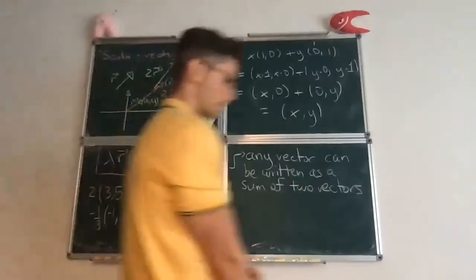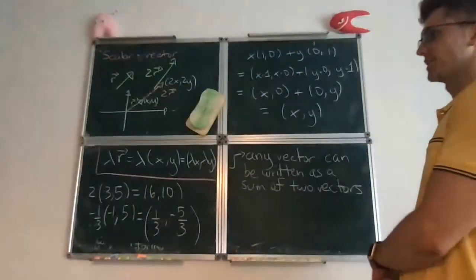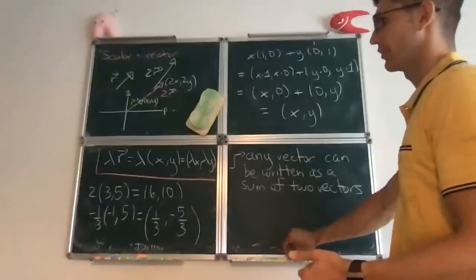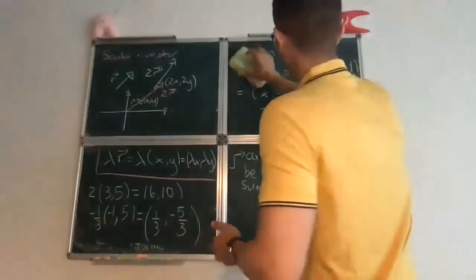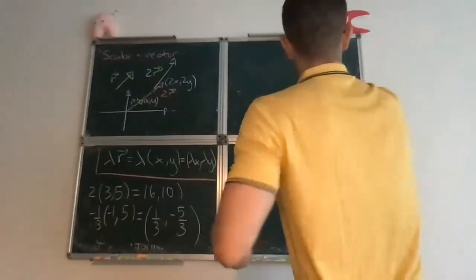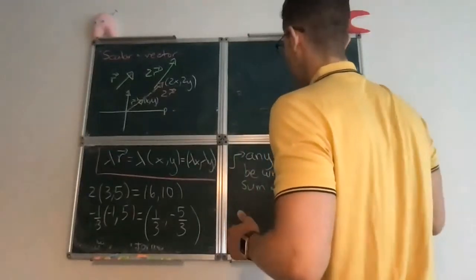So doing the scalar multiplication is very convenient from this point of view, and the addition and subtraction also have a straightforward meaning.